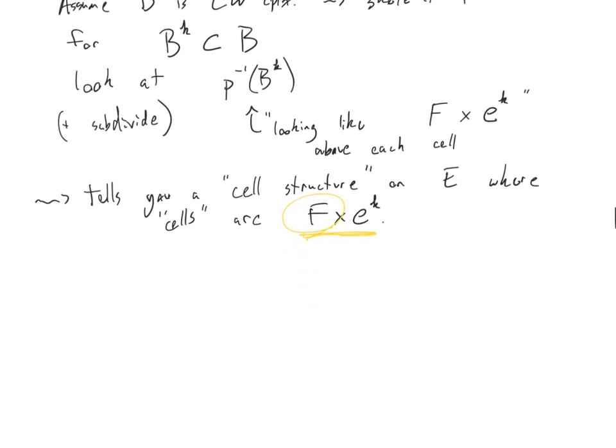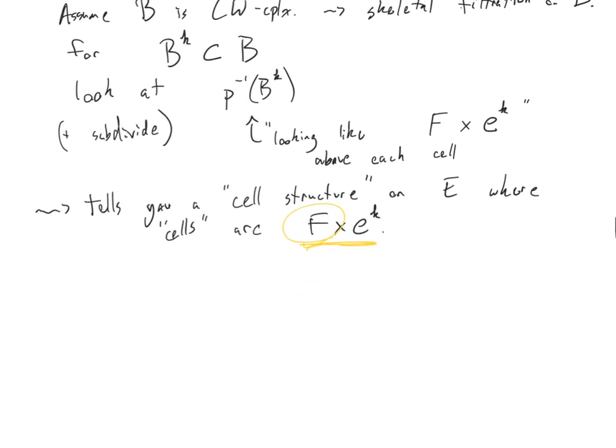So the justification will be that this somehow magically lets you know that the cohomology of a single cell, so one of these F cross e_k relative F cross its boundary, is close to, I think it's with a shift, but it's basically the cohomology of F.